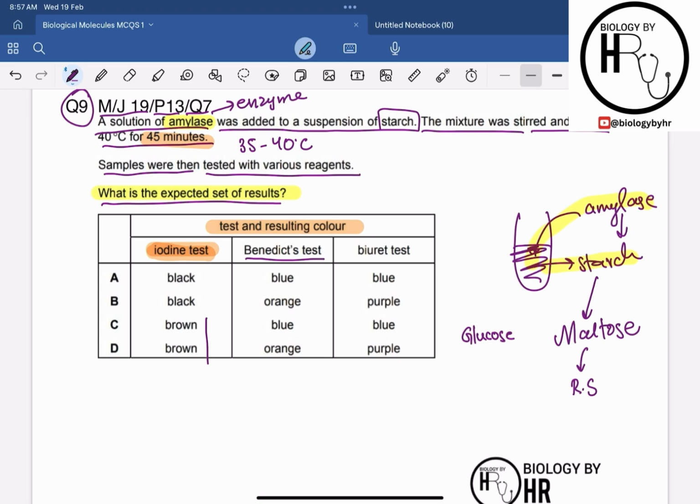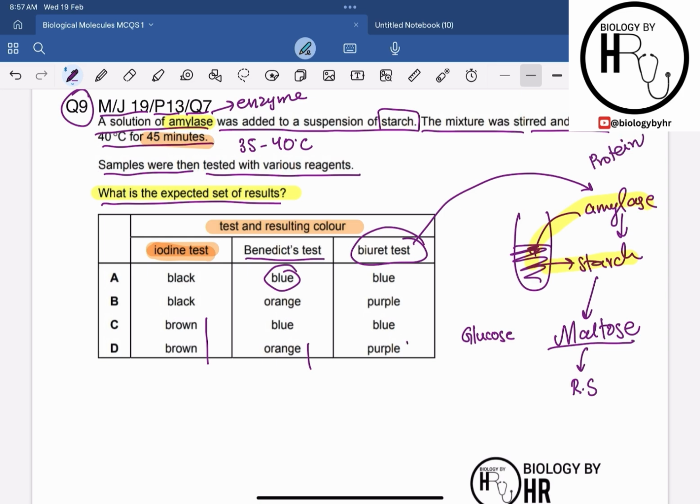Then the Benedict test, which is for the reducing sugar. We know that the reducing sugar maltose is present, so the Benedict solution will change its color from blue to orange, right? Then the Biuret test. We know that there is an enzyme known as amylase in the solution, and enzymes are protein in nature, right?